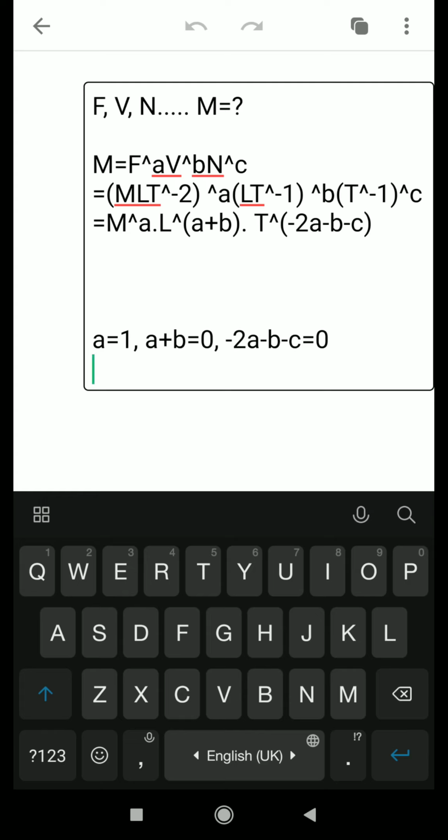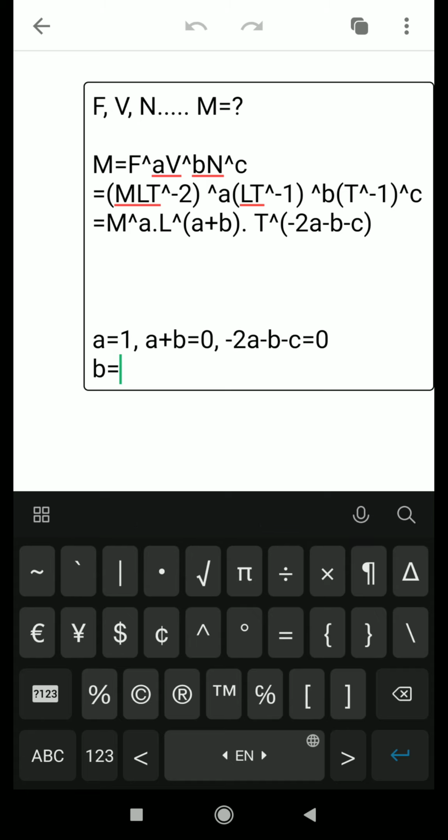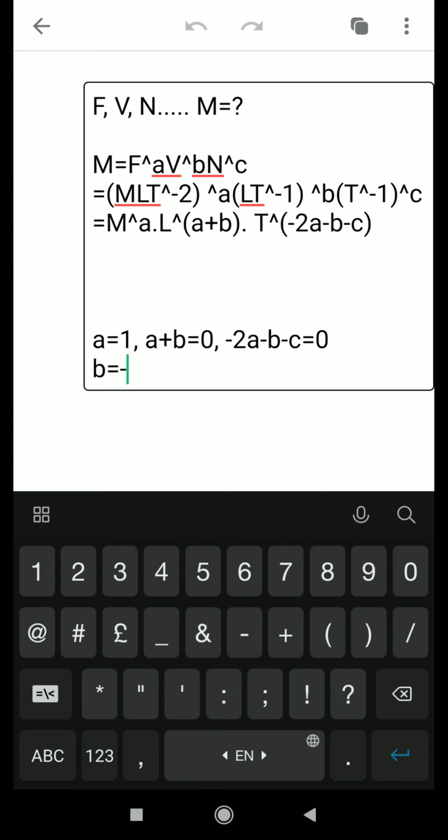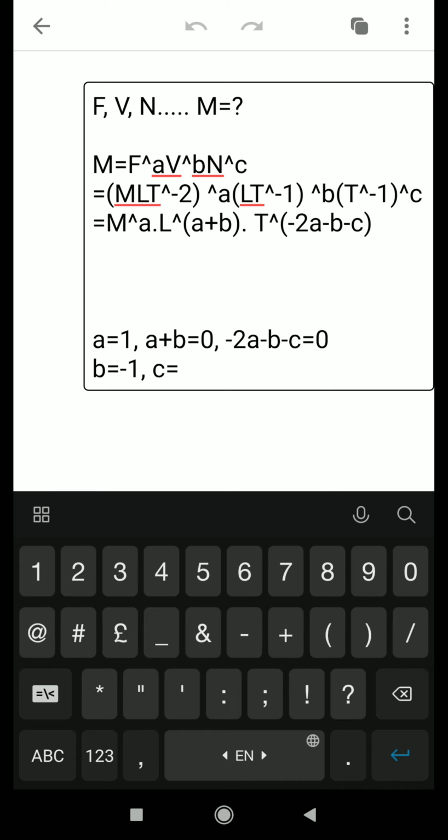Have you got this? So b equal to minus 1, c equal to minus 1. So we got the values of a, b and c.